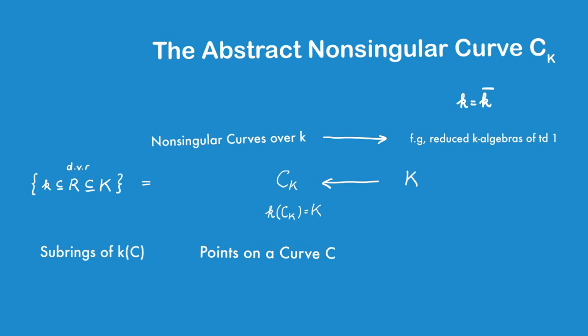for its definition. So in this video, we want to explain the first idea, which is how to view points on a curve C as subrings of its function field.